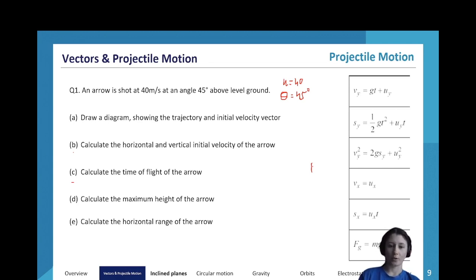So in other words, and make sure you remember this because it comes up a lot, the time of flight is when the displacement, remember S is displacement, when the displacement in the y direction, the vertical displacement, equals 0.